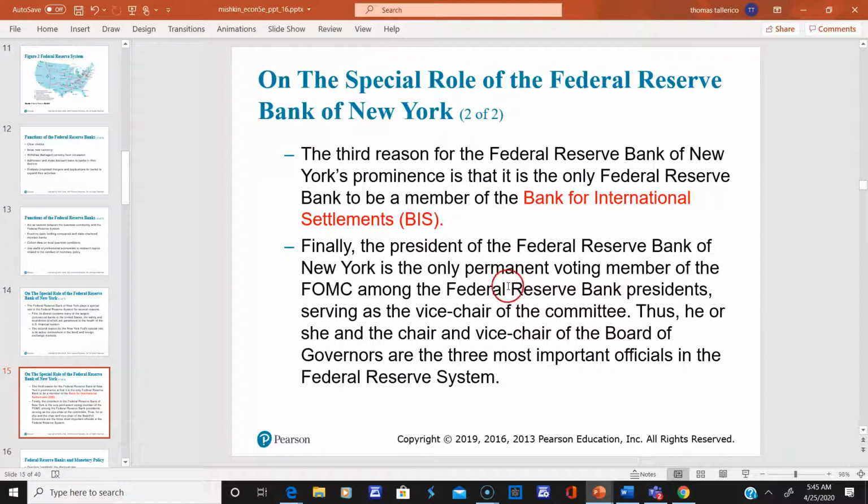Finally, the last thing is the president of the Federal Reserve Bank in New York is the only permanent voting member of the FOMC among the Federal Reserve Bank presidents, serving as the vice chair of the committee. So the Federal Reserve Bank in New York is a special bank.